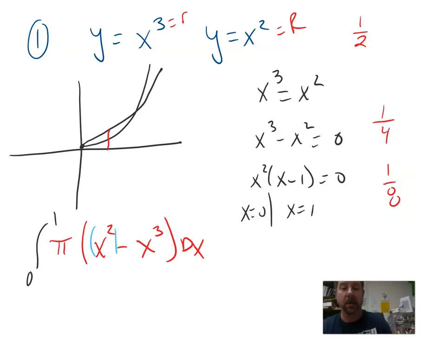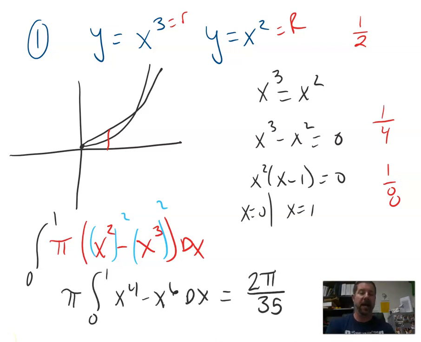Big R squared and little r squared. Okay, that's how we would set this up to do the washer method. So again, I would pull the pi out in front, simplify the inside, use reverse power rule, and now we're at 2 pi over 35 would be your answer when you did everything. Kind of going to skip over that just to keep things a little bit shorter here.